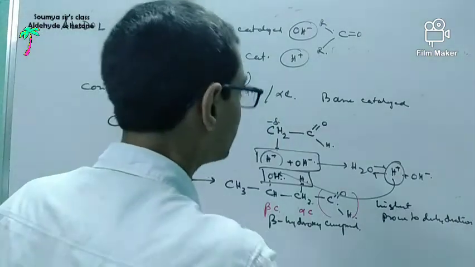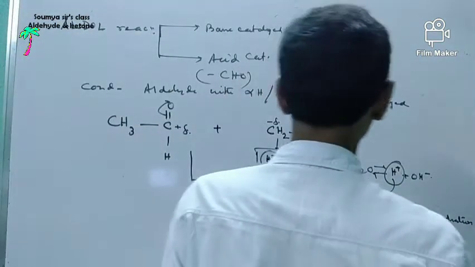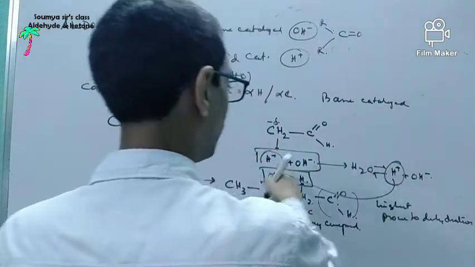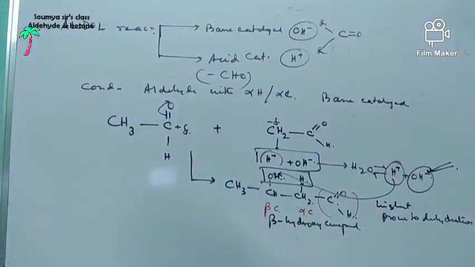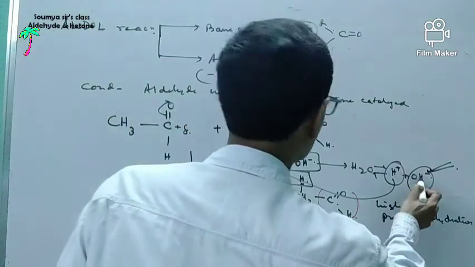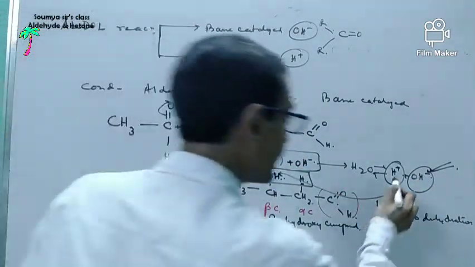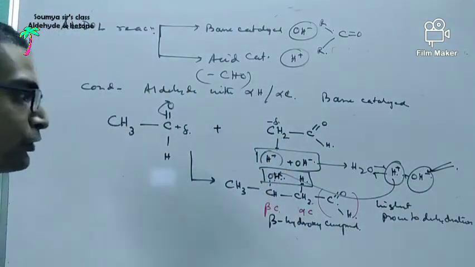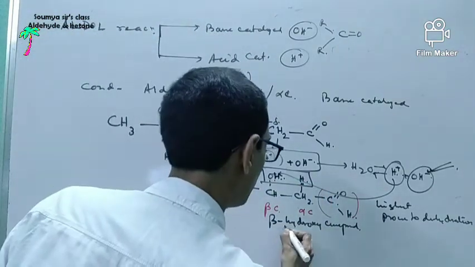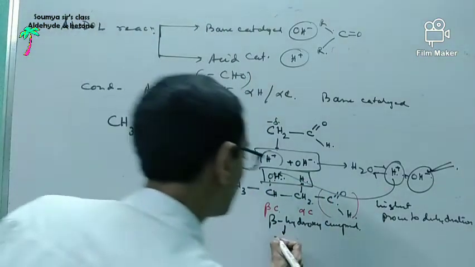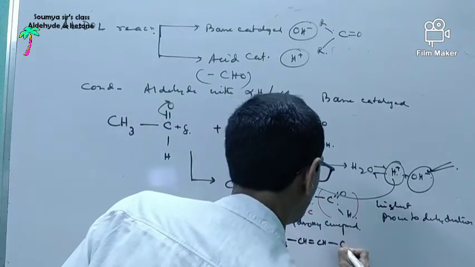So, consider this reaction mechanism: the H plus is actually working, but the OH minus ion remains in the medium, so that it again reacts with one alpha H to form water. The beta hydroxy leaves one water to form the alpha beta unsaturated compound, that is CH3, CH double bond CH and CH.